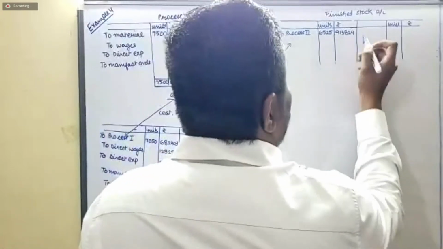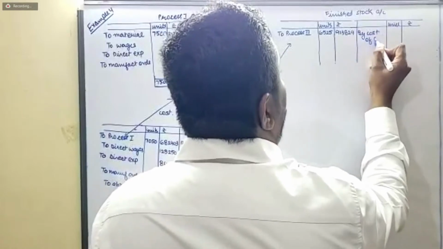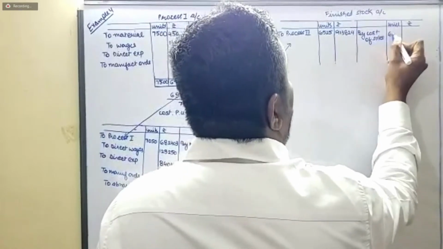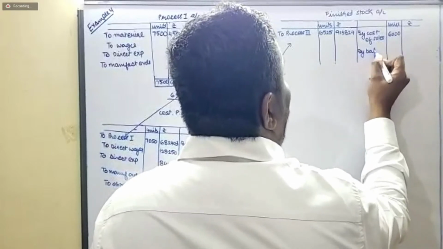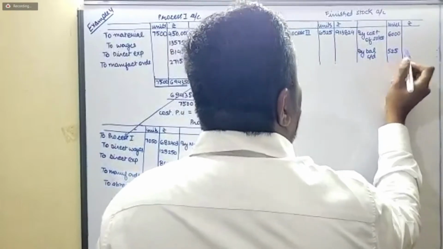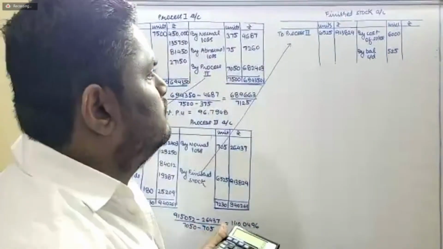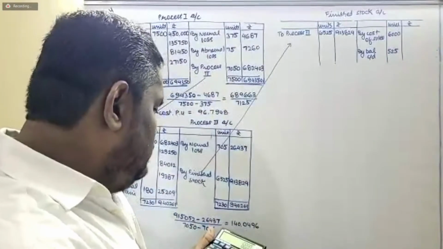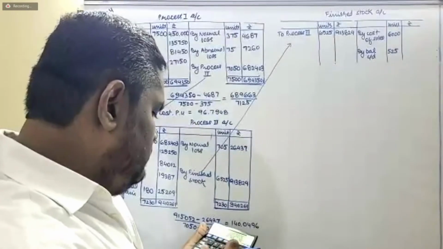So 6,000 units will be transferred to cost of sales, and the balance will be in our stock only, that is balance carried down 525. So 6,000 into 140.0496.